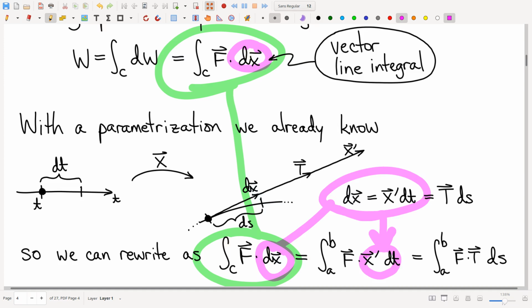That means x prime is also a function of t. So this is all in terms of t's. It's a pretty straightforward process. If you want to compute a vector line integral, there's your formula. And we're going to do some plug and chug on a couple of these. Well, we'll see how time works out. But we're going to do some plug and chug momentarily. But that's the big idea. It comes straight out of this picture.